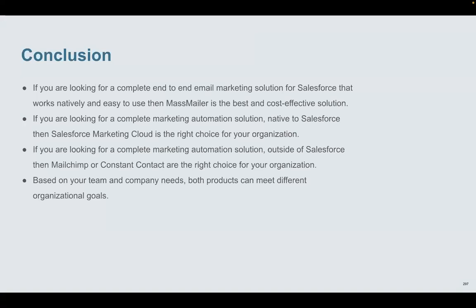But when it comes to Marketing Cloud, if you're looking for, say, a complete marketing automation solution and a native app, for sure, Marketing Cloud definitely is the right choice for your organization. Again, if you're looking for a marketing automation solution outside of Salesforce, MailChimp and Constant Contact definitely could be good choices for your organization.